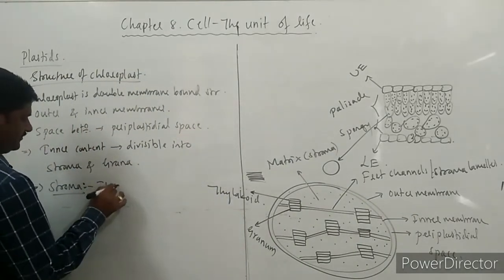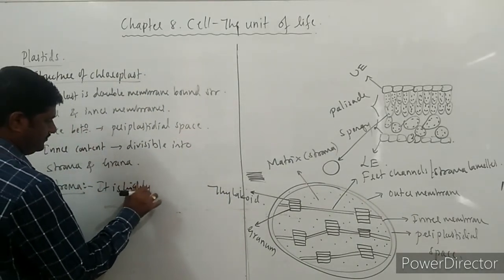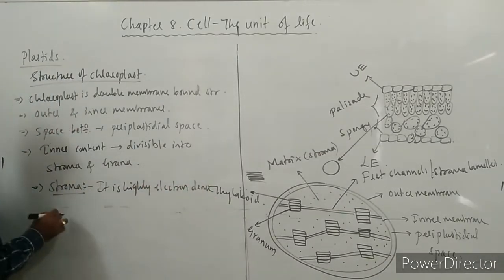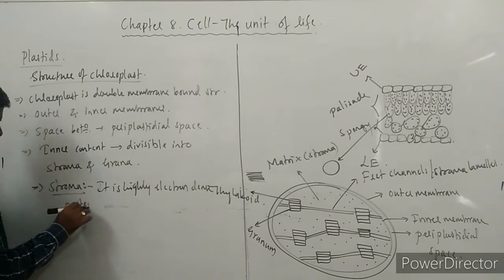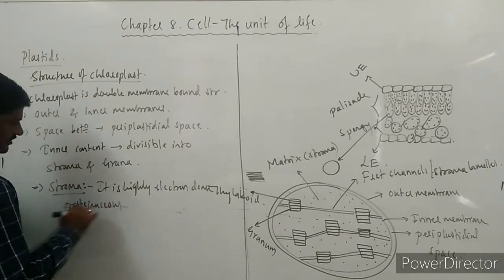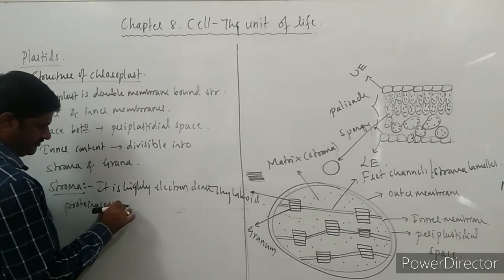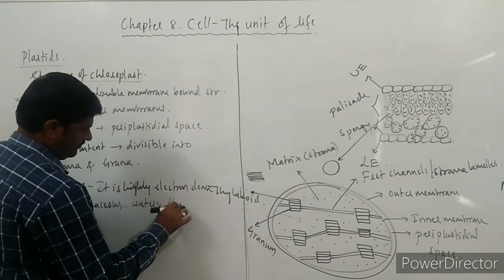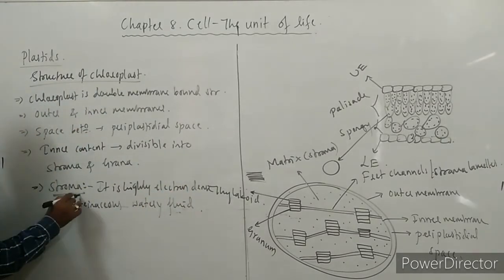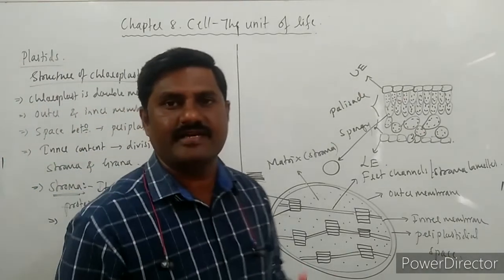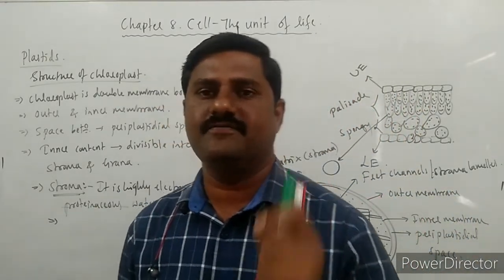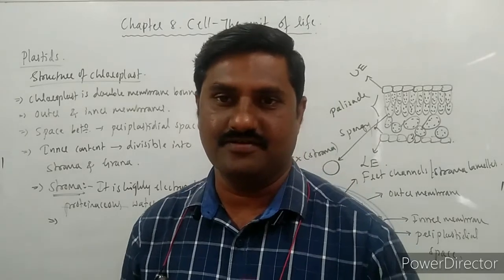It is a highly electron dense proteinaceous watery fluid called stroma, and what does this stroma mainly consist of? It consists of all those enzymes required for photosynthesis itself.